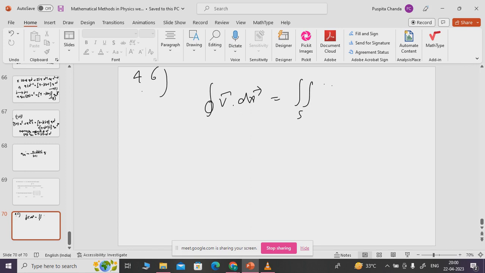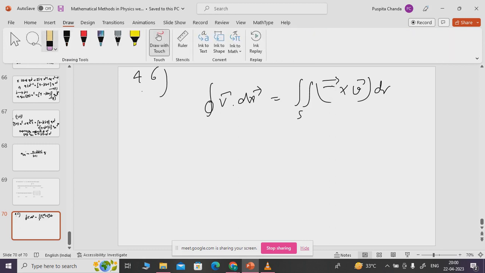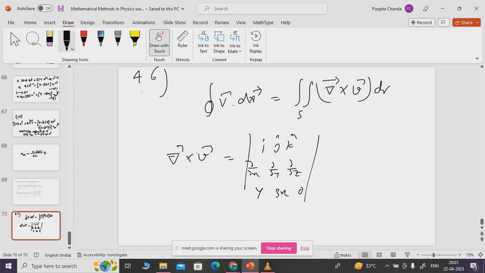Now for 46. V dot dr, by the theorem we can write this using the divergence theorem, divergence of V dr. So curl of V is the determinant of i j k, del del x, del del y, del del z.